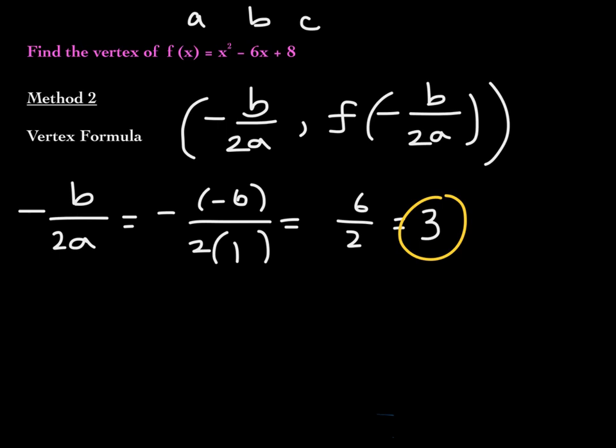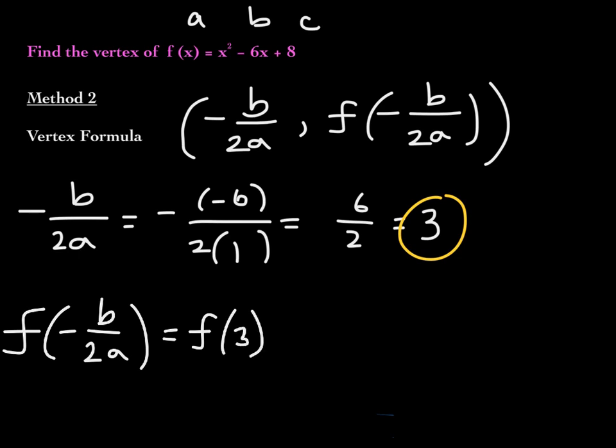Now the vertex formula says whatever negative b over 2a turned out to be, plug that number into f. So let me do that now. f of negative b over 2a will be f of 3, because that's what negative b over 2a turned out to be. So I'm plugging 3 into my function. I'm going to get 3 squared minus 6 times 3 plus 8. Do this arithmetic.